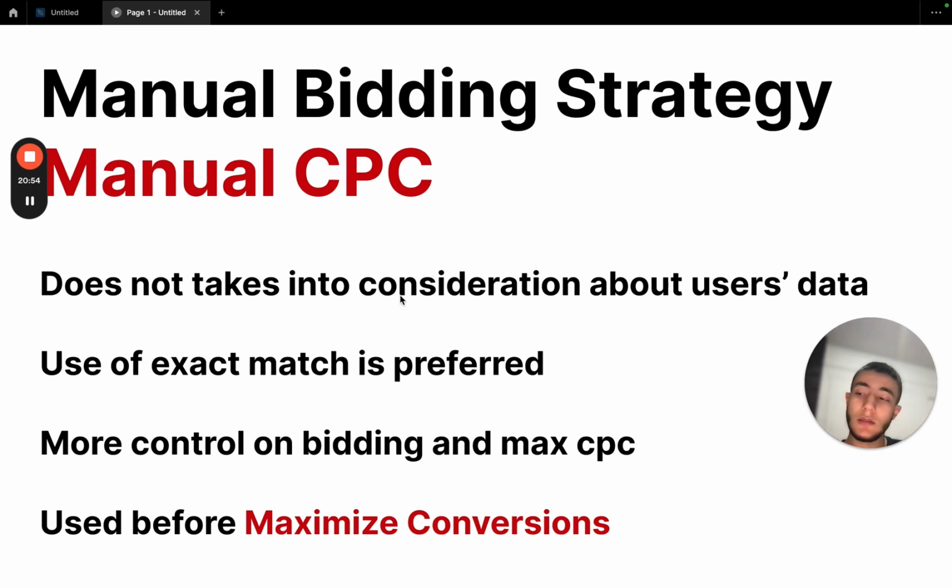Google has a column named search lost impression share due to rank, and just look at that. Maybe you are losing a lot of impressions because your maximum bid is low. Just look at that and increase based on that.